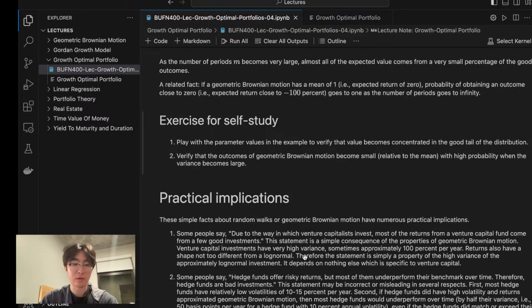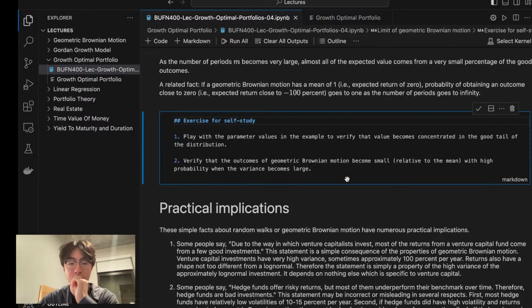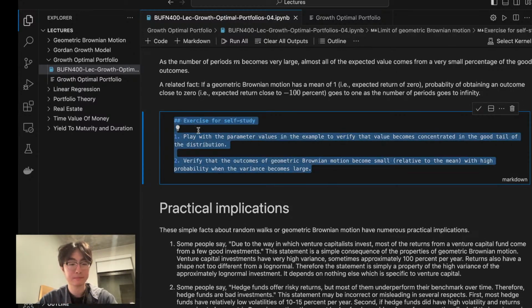So verify the outcomes of geometric Brownian motion. Right, this becomes large. Okay.